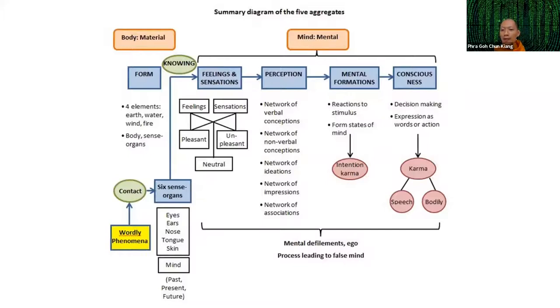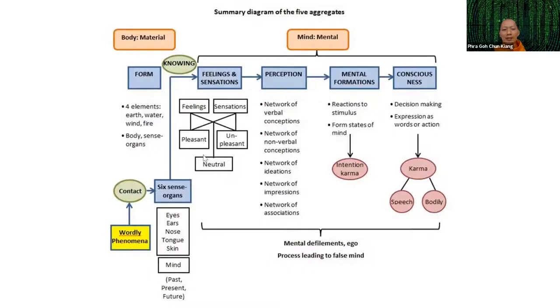I want more, very nice, I like it, I want more. So craving arises when there's pleasant feeling. And when there is unpleasant feeling, the mind will react with aversion, anger. So this is how these things function.